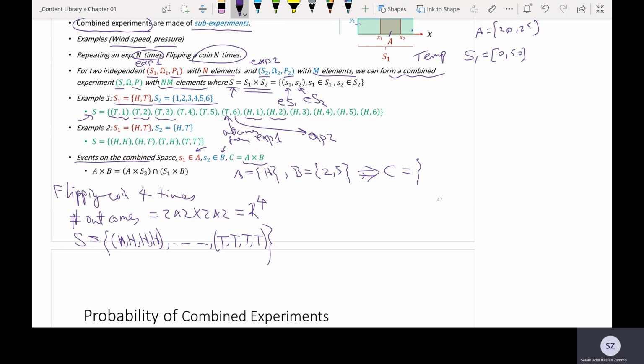What is C, which is the product of A and B, or the equivalent event in the combined experiment? What is C? H and 2, and what else? H and 5. So the events in the combined experiment should be ordered pairs.